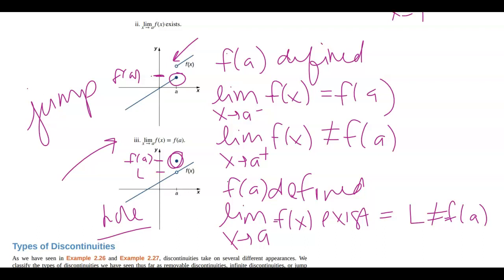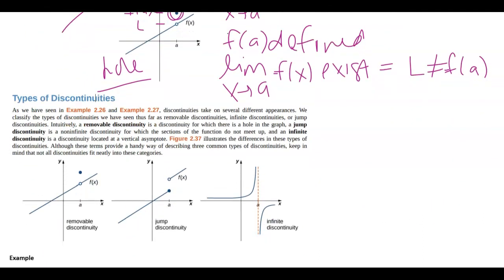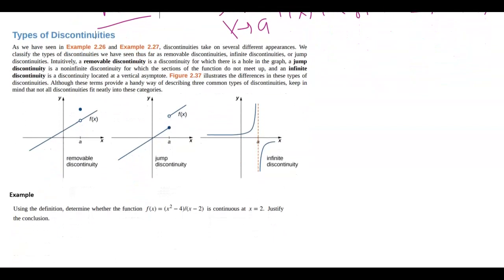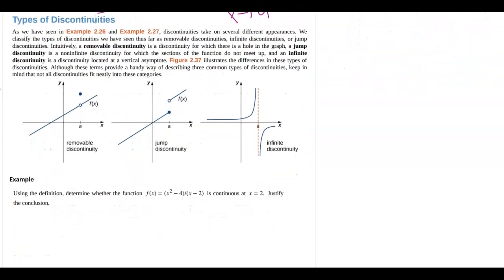The other type of discontinuity that is not in these three examples for the formal definition of continuity is a vertical asymptote. So here again are the three types of discontinuities: removable discontinuity, jump discontinuity, and infinite discontinuity, or what we know as a vertical asymptote.